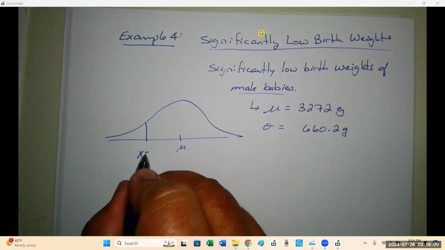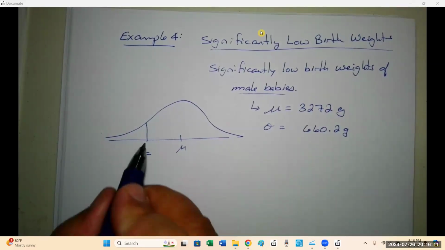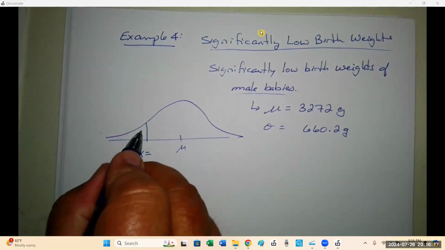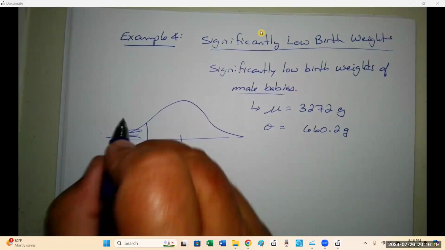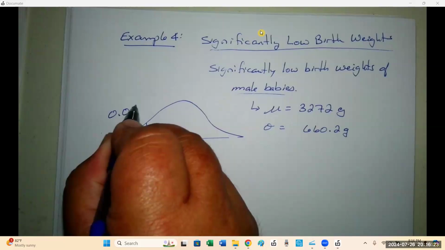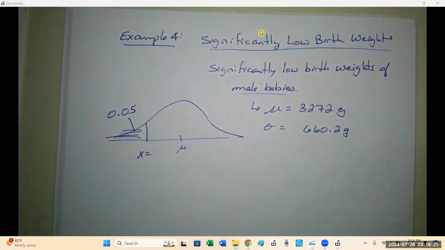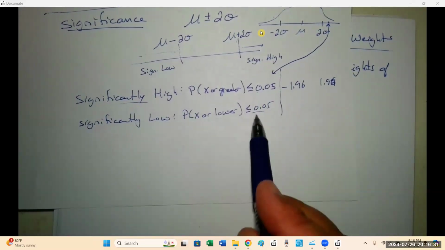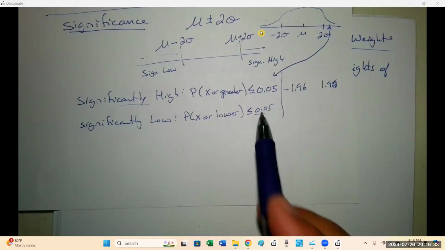That's this. What area is that? The area there is 0.05, because of what we just said here. If it's significantly low, the probability of that X value or lower is less than that number.